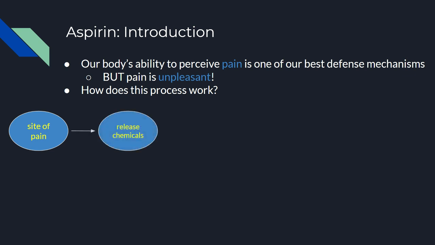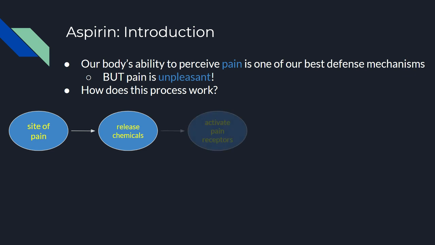Once that happens, I know this sounds almost instantaneous, because once you roll your ankle, you instantly feel that pain. But if we try to slow down time, this is all happening, and maybe you start to appreciate how complicated and wonderful our body is. So once we roll our ankle, our body releases chemicals called prostaglandins, but let's just focus on the big picture.